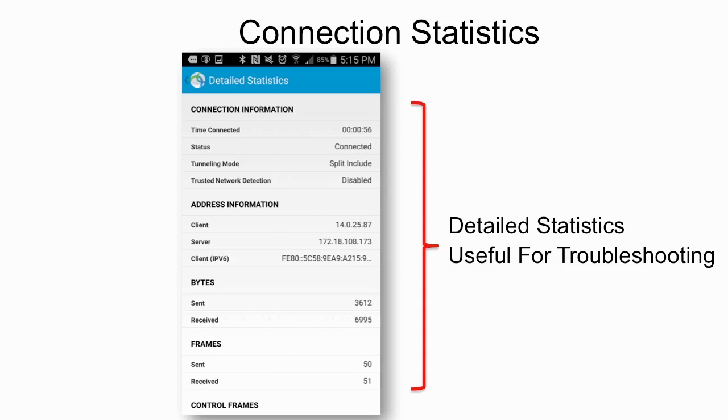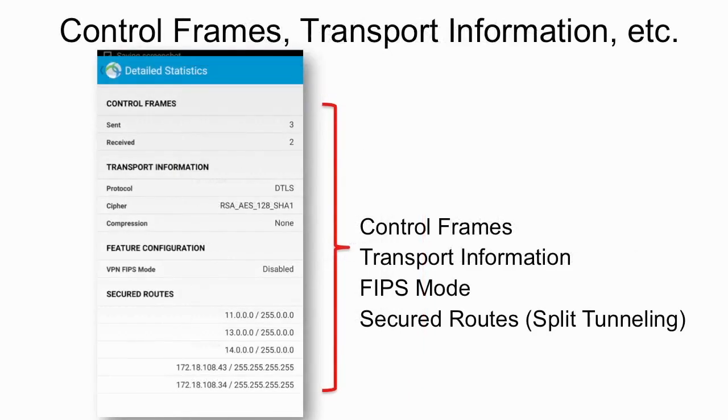You see statistics about bytes received and bytes sent, as well as the frames received and sent. You see other things like control frames, and the actual protocol that I'm connected to or using for encryption. In this case, it is DTLS.